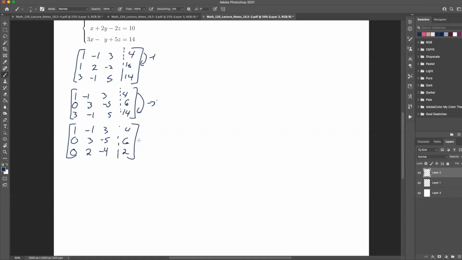I'll explain why I'm doing this in greater detail on the next one, but for now I just want you to go with it. So 1, negative 1, 3, 4, 0, 2, minus 4, 2, 0, 3, negative 5, and 6.